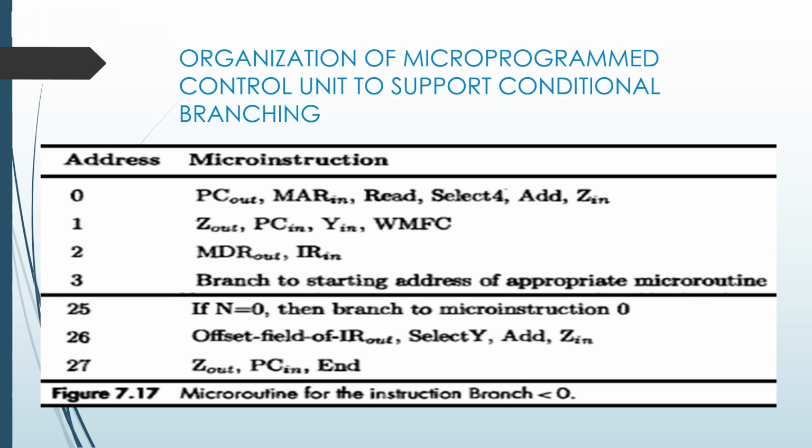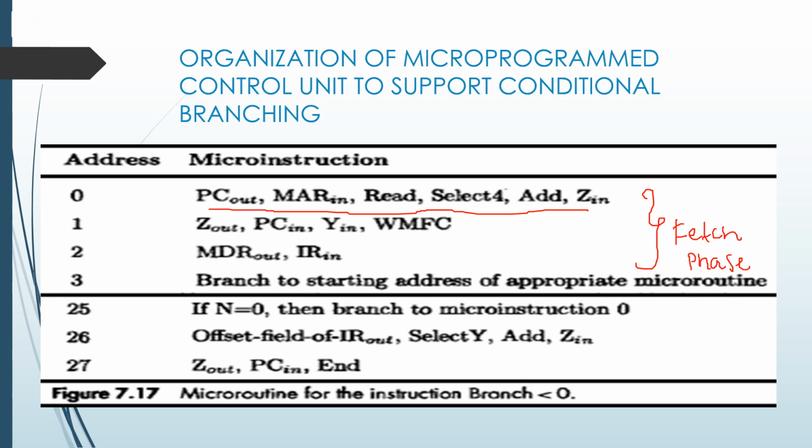The micro instructions at different addresses are specified like PC out, MAR in, read, select 4, add. This is nothing but the actual instruction fetch phase. It's common for all the instructions.